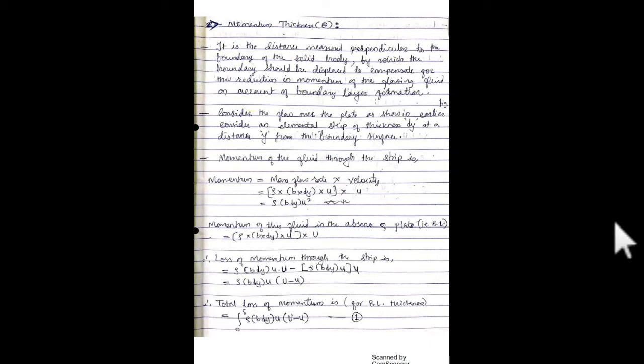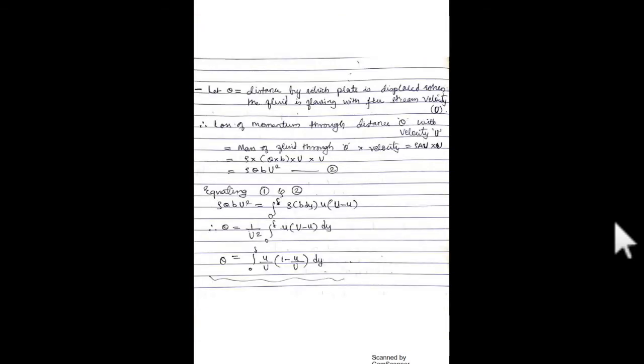This is the derivation of the momentum thickness. We are finding the momentum of the fluid through the strip, the momentum of fluid in the absence of the plate, then the loss of momentum through the strip by taking the difference and then integrating it. We get this equation: theta equals integral from 0 to delta of u upon capital U, times (1 minus u upon capital U) dy.